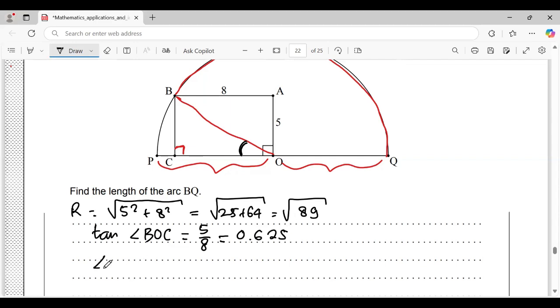So angle BOC is the arctangent of 0.625.